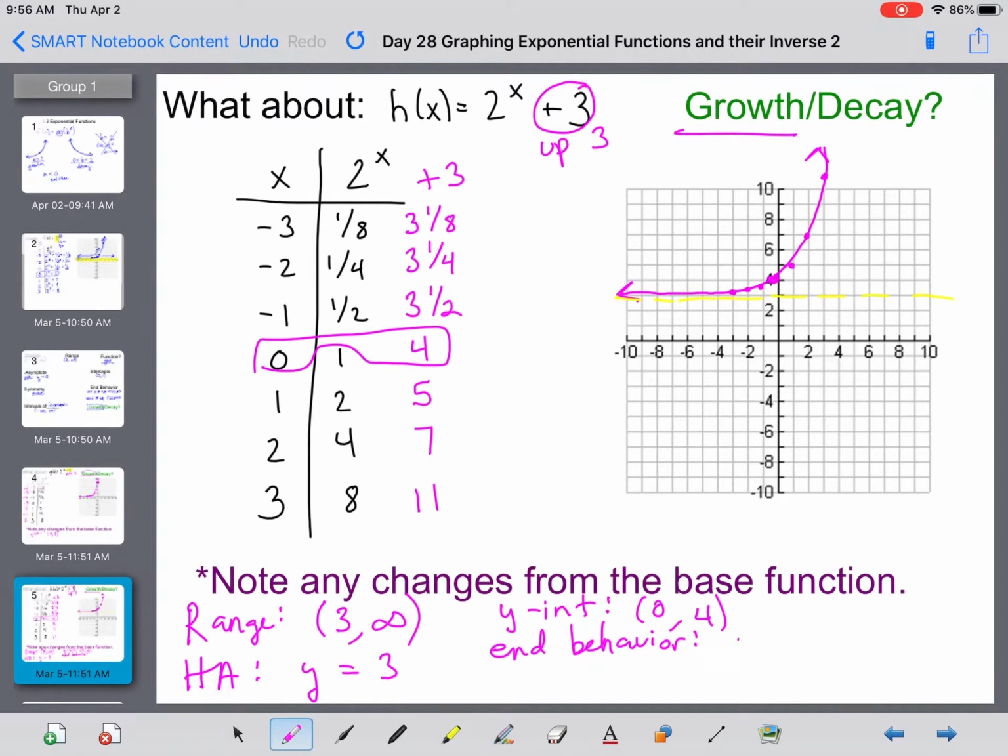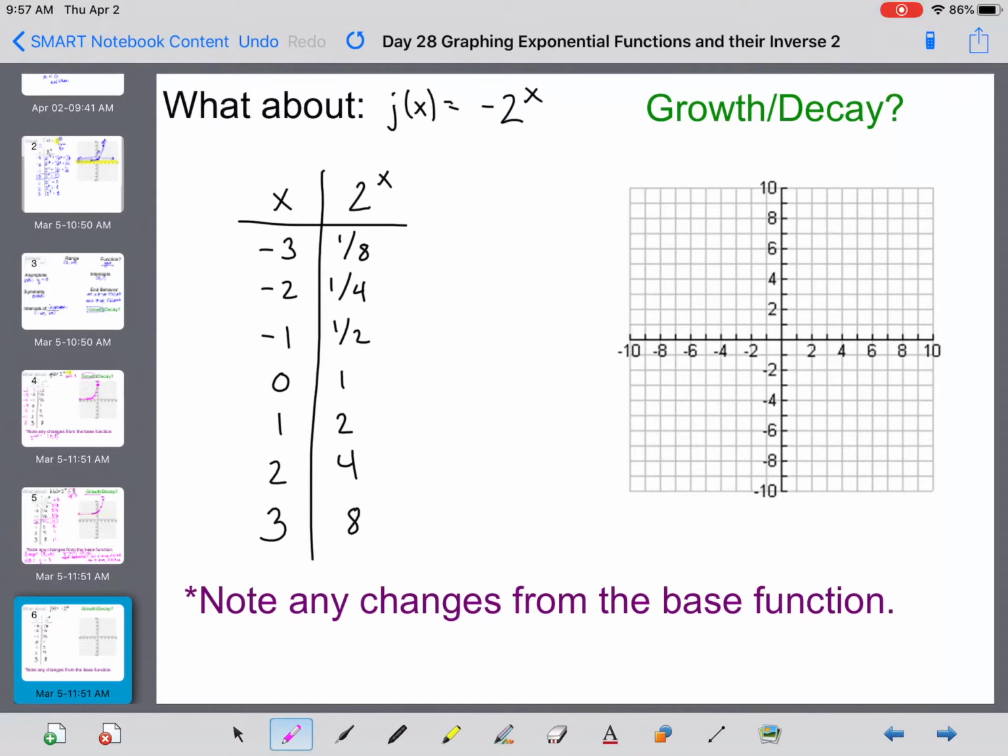So end behavior here, as x approaches negative infinity, my y values are now approaching 3. And as x approaches positive infinity, my y values are now approaching positive infinity. So that bottom statement there for the end behavior didn't change. But because all of my values got shifted up 3, that did mean my end behavior for x approaching negative infinity did in fact change.